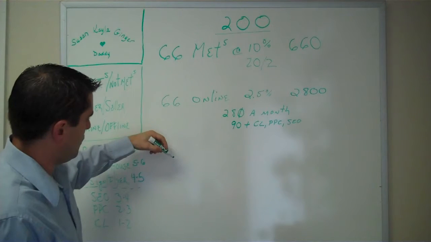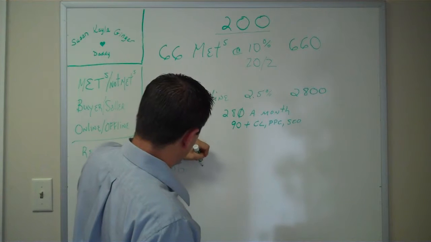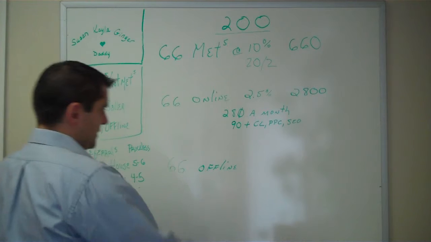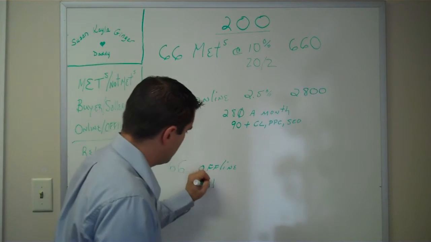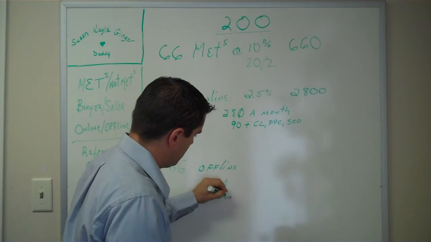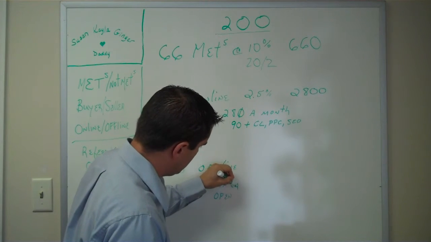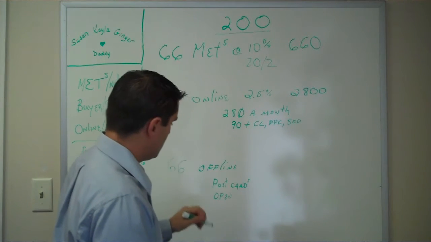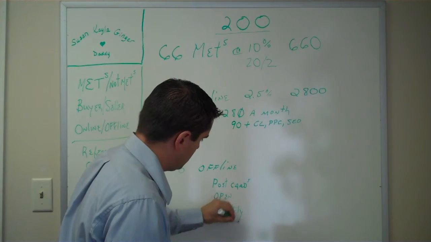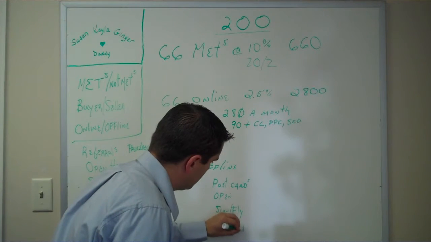Alright, and then the last one, for 66 offline closings. This is basically going to be postcards, open houses, sign-in flyer calls, and expires and FSBOs.